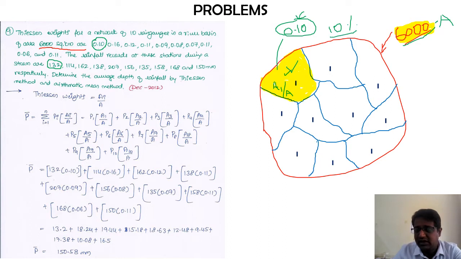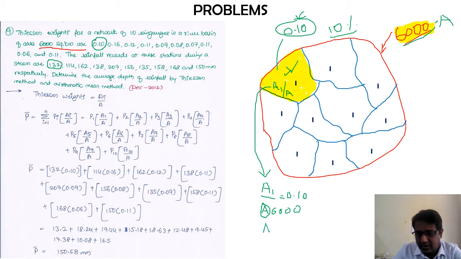If I simplify this with an equation, here is how it works out. Based on their equation, A1 by A, the Thiessen weight, is 0.10, and we already know the total area is 6,000 square kilometers.